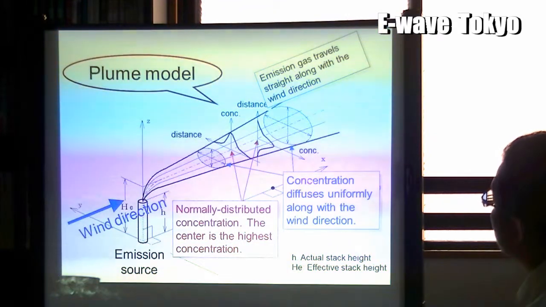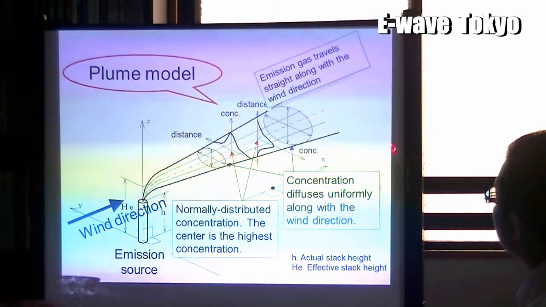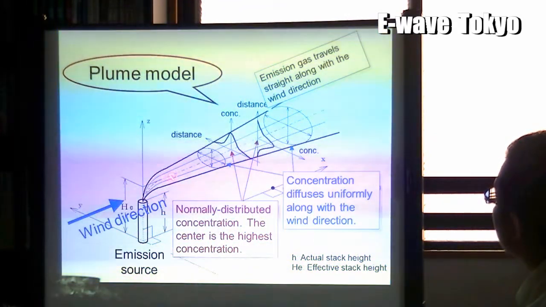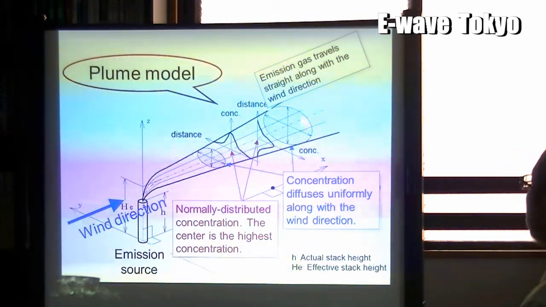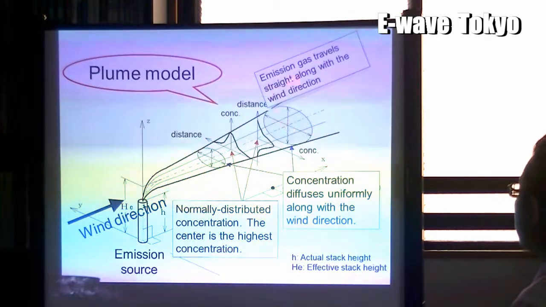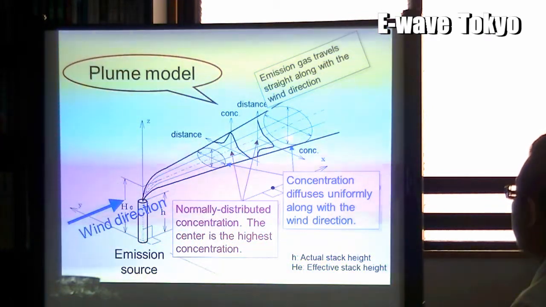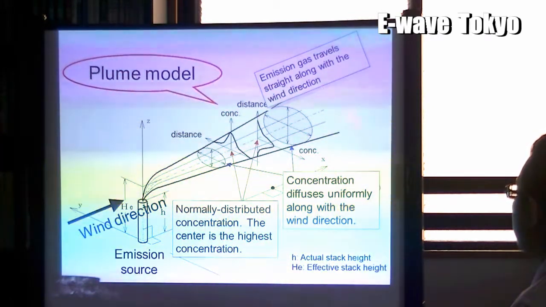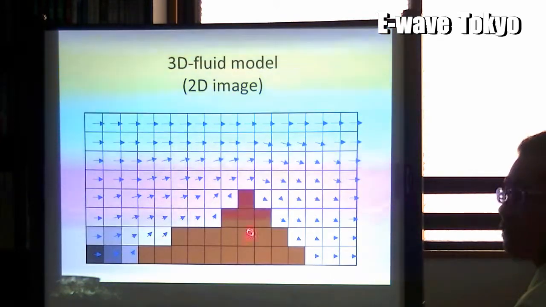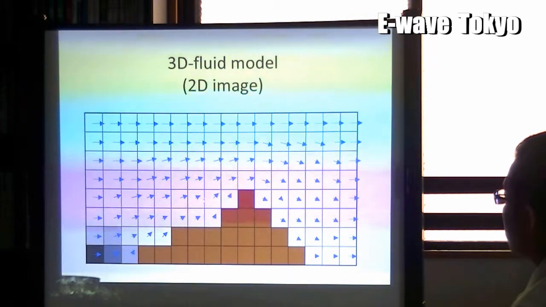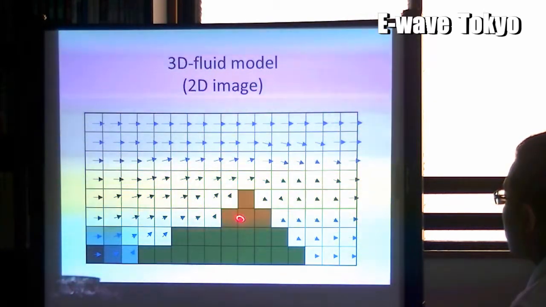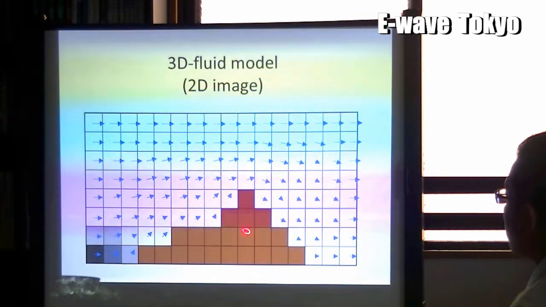This is the fluid model. There is no mountain, there is no building. Air pollution just goes straight, and the concentration becomes wider little by little. There is diffusion like this. But actually, there are mountains or buildings around the area.